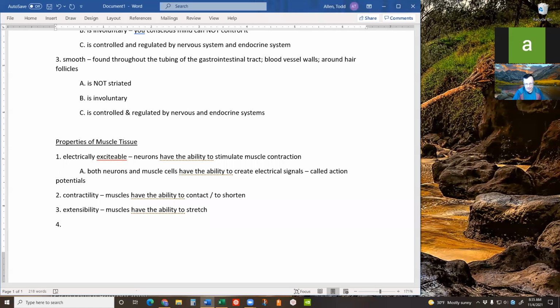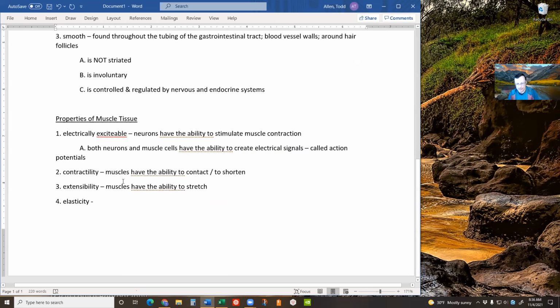And 4 is elasticity. Muscles have the ability to not only stretch, but then go back to their normal size. Going from stretching back to normal size, kind of like stretching a rubber band and then releasing it so it comes back to its normal size, that's called elasticity.